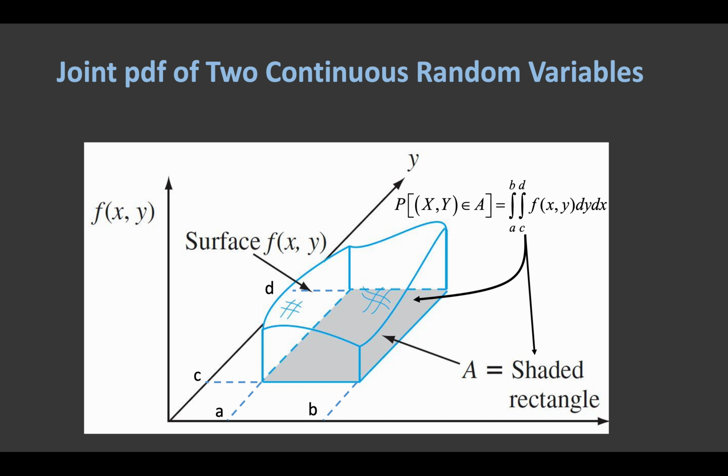Above the shaded area is the surface, and we are trying to calculate the volume under this surface, which gives you the probability. That's how we calculate the probability for two continuous random variables. This can be generalized to many other random variables as well.